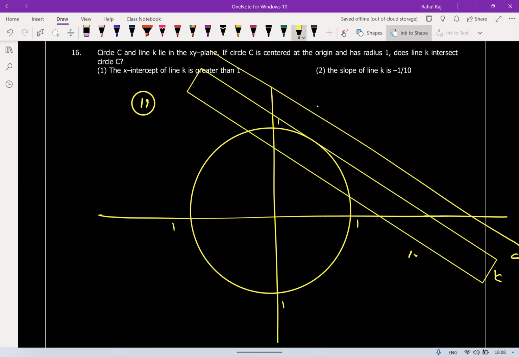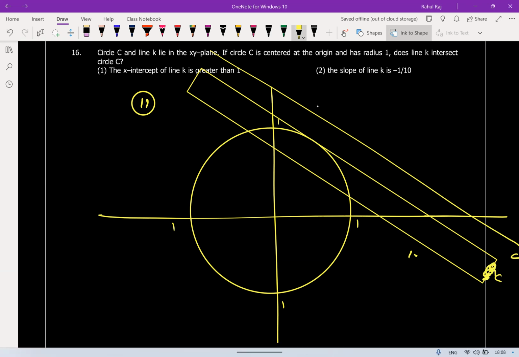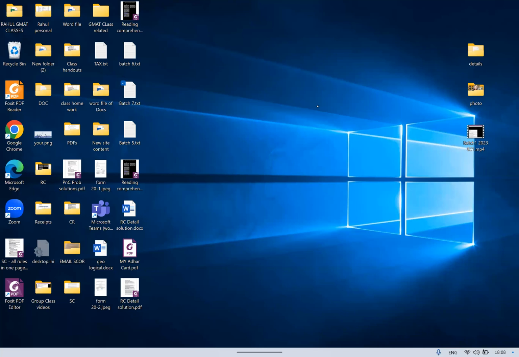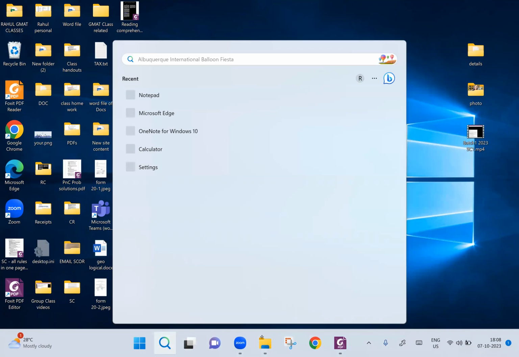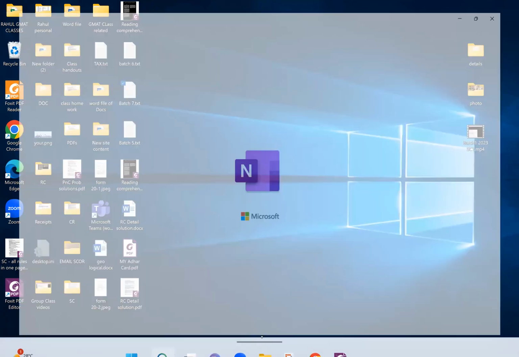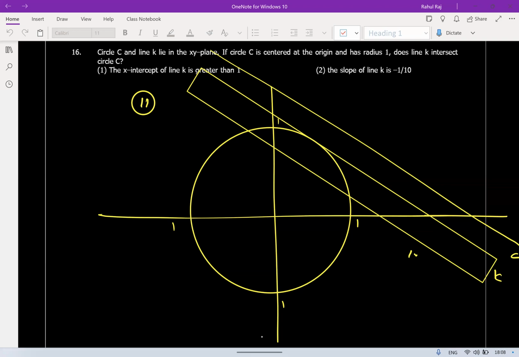Why do all these lines have the same slope?